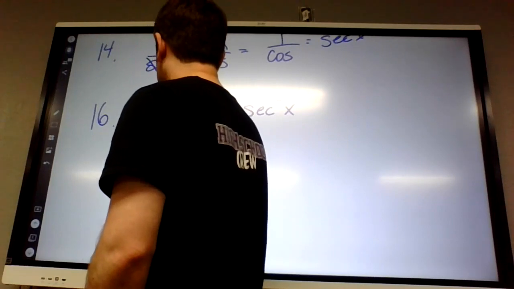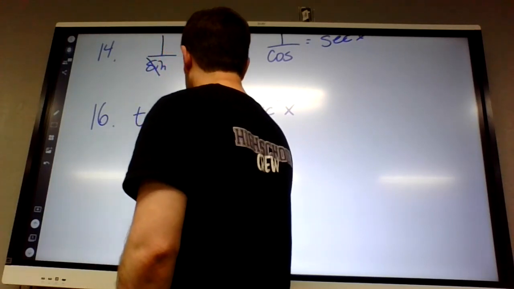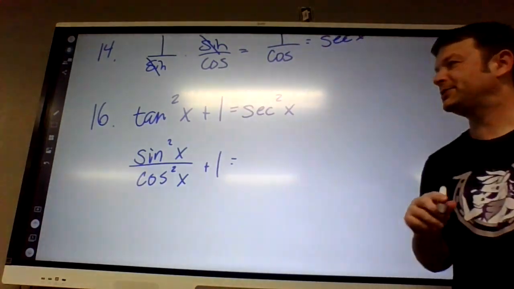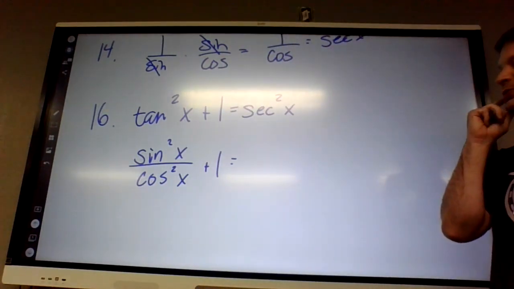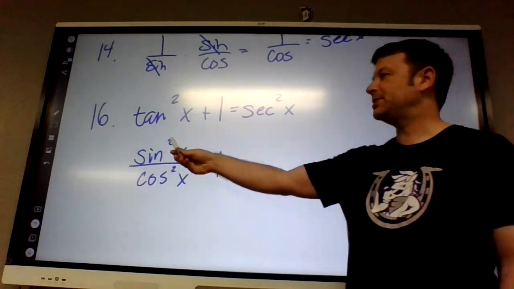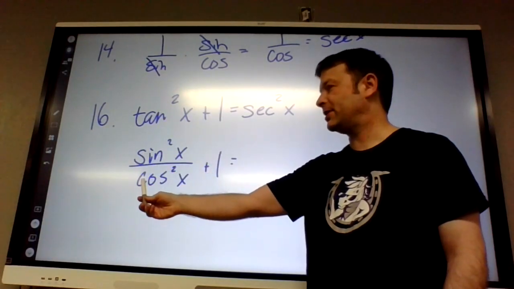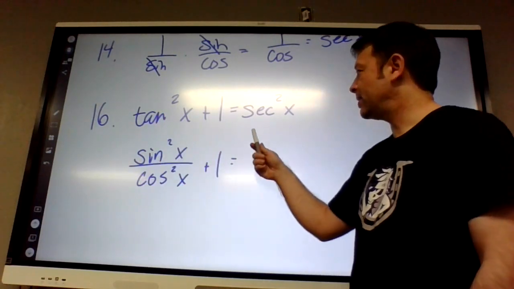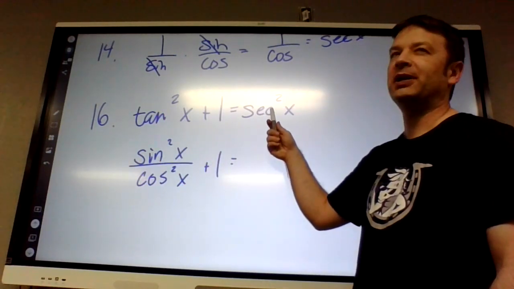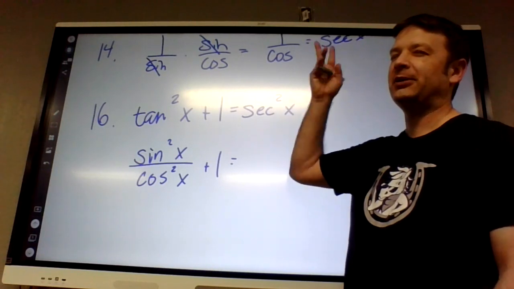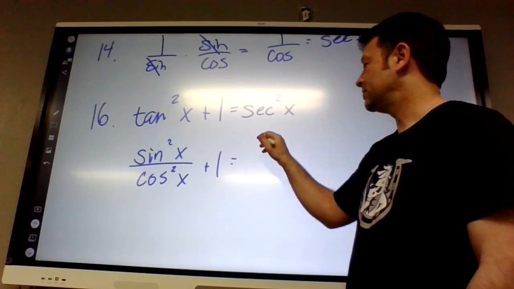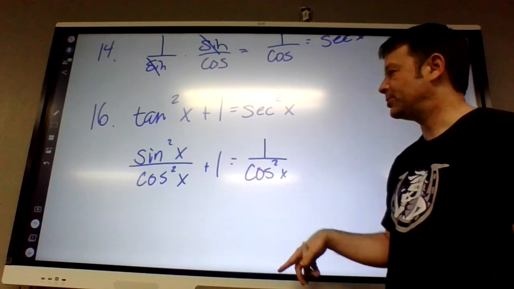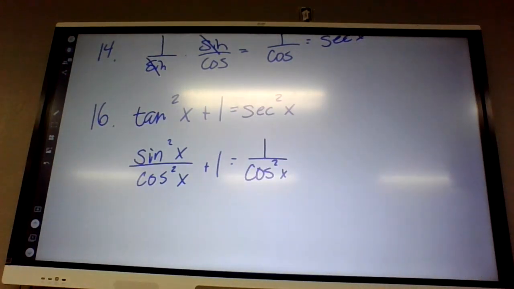Sine squared over cosine squared. So tangent is equal to sine over cosine, so if it's squared, that's just this whole thing squared. What would secant squared be equal to in that case? You guys remember what secant was the opposite of? 1 over cosine squared.